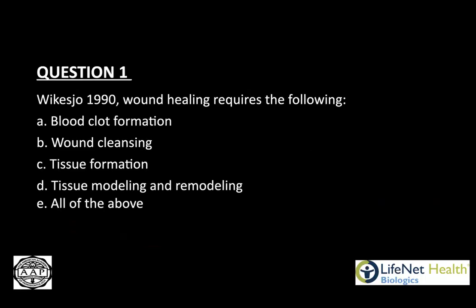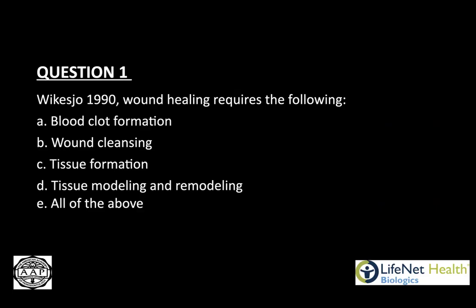And with that, we have to do a small knowledge check question. Question number one, Wicked Joe 1990, wound healing requires the following: blood clot formation, wound cleansing, tissue formation, tissue modeling and remodeling.